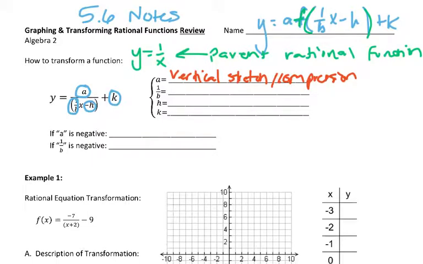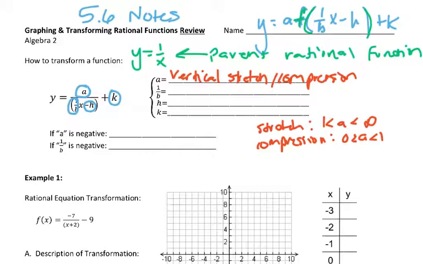And within that vertical stretch or compression, we're talking about a stretch being one to infinity, and then a compression is going to be those fractions or those decimal values of 0 to 1. And we are technically talking about the absolute value because it could also be a negative number, which we will talk about when it comes to flipping it.